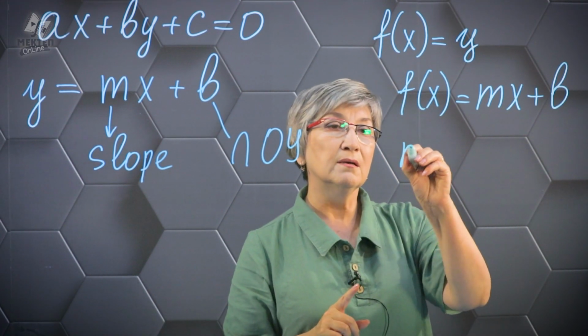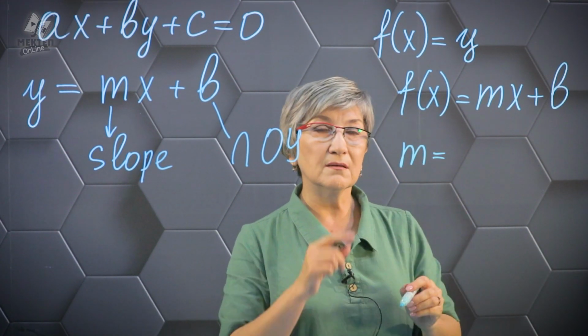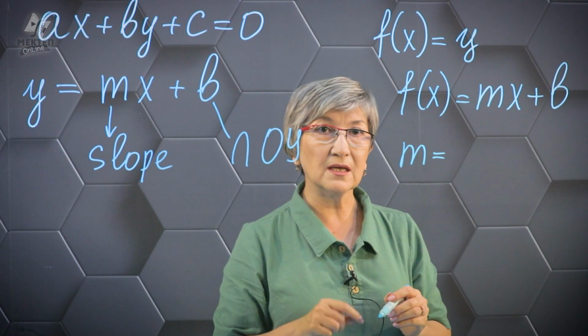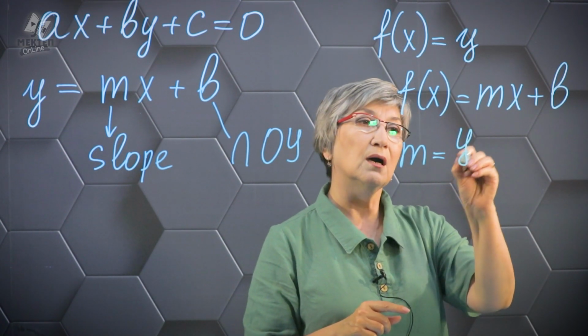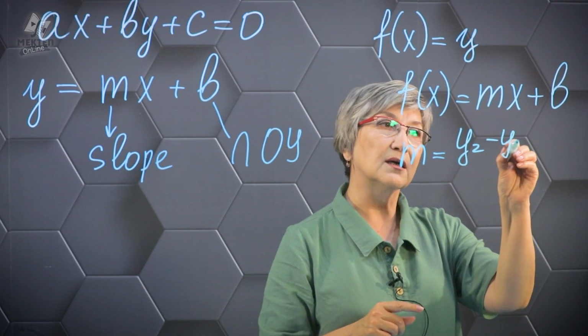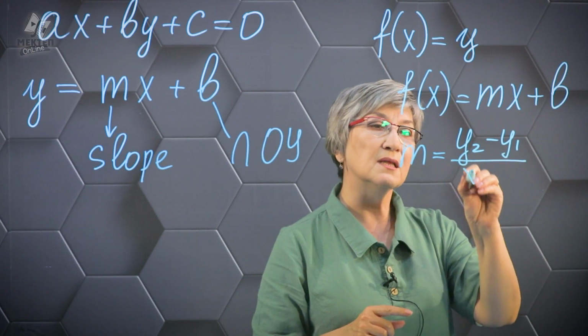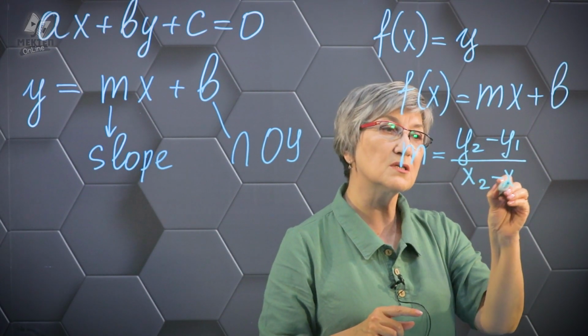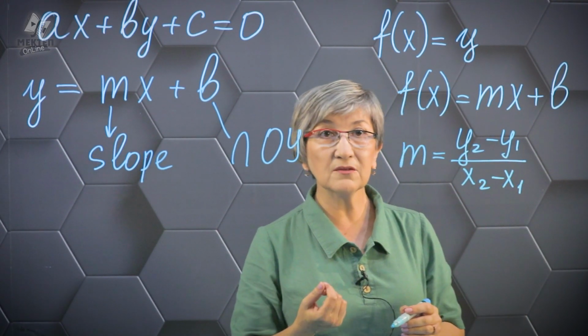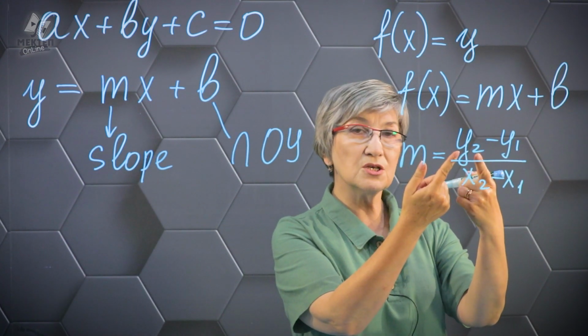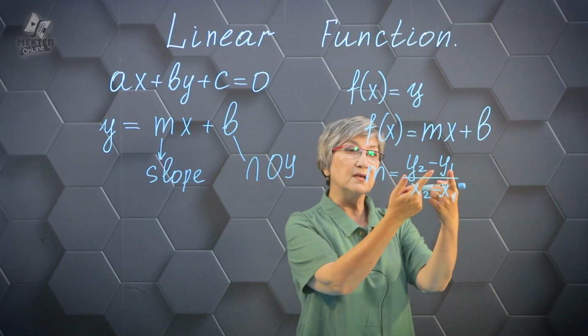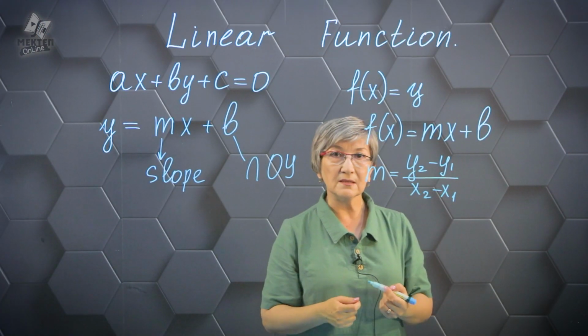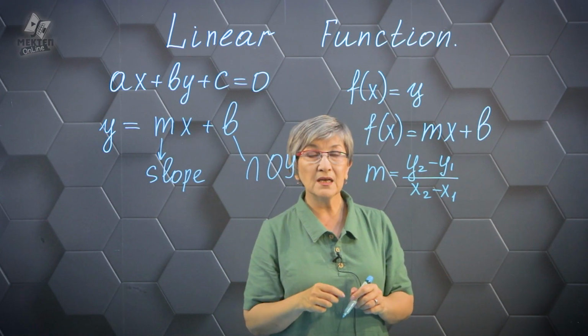Then, to determine the coefficient m's value, we must subtract y1 from y2 and divide by the difference of x2 minus x1. But this brings up the question, what do y2, y1, and x2, x1 mean? When we draw the graph of a linear function, we identify the coordinates of 2 points.